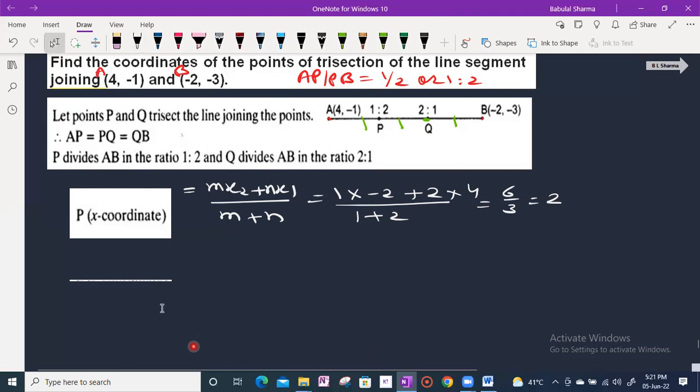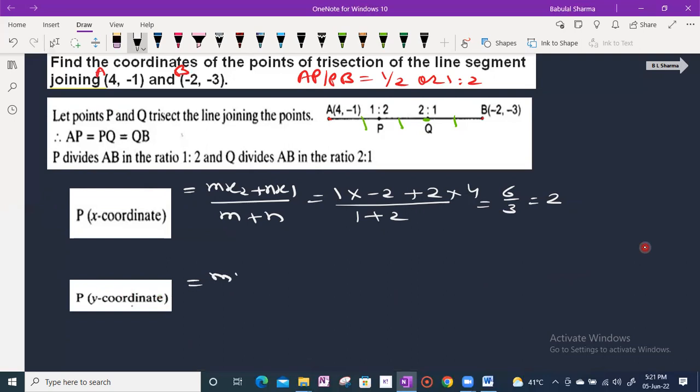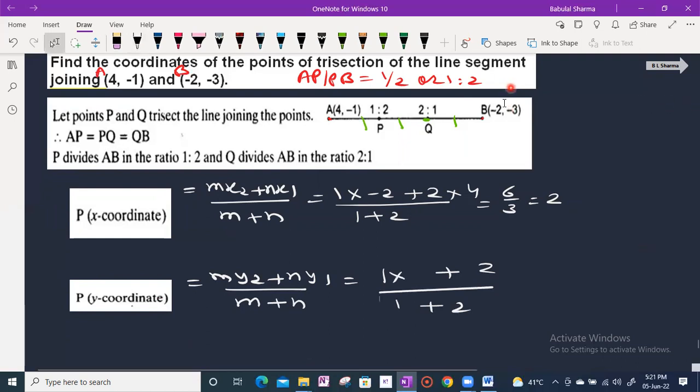Similarly, the y coordinate of the same point will be, using the section formula, (my2 + ny1) upon (m + n). m is 1 and n is 2, so 1 plus 2 in the denominator. y2 is minus 3 and y1 is minus 1.